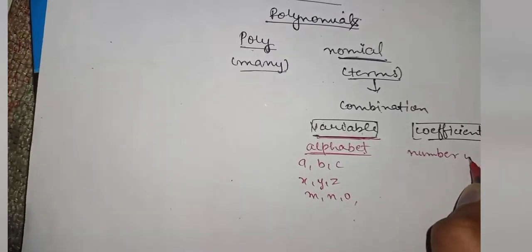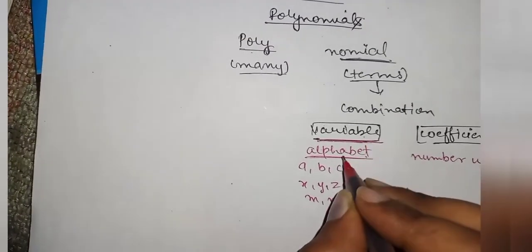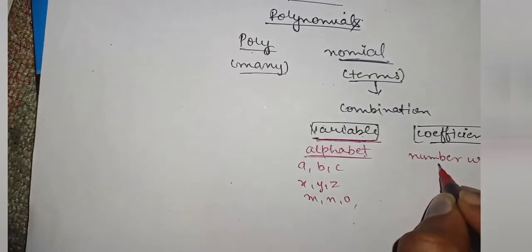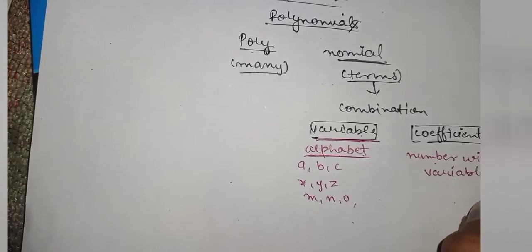You don't have to be confused between the words variable and coefficient, because a variable is an alphabet but the coefficient is the number with the variable, or the number with the alphabet.